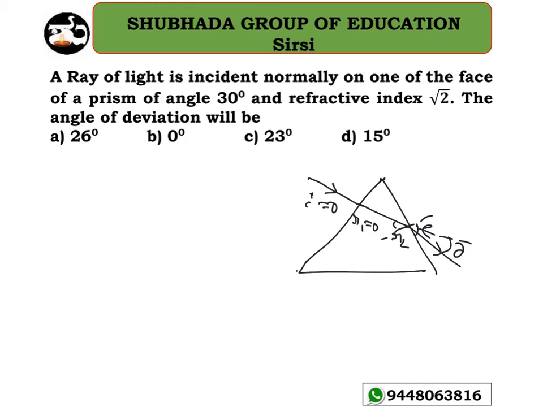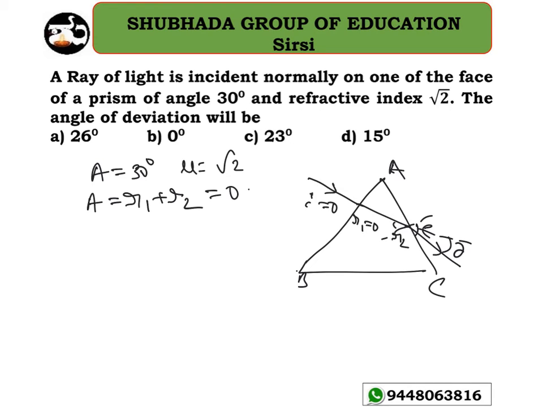The prism angle is 30 degree and mu is root 2. We know that A equals R1 plus R2, so 0 plus R2, which implies A equals R2 equals 30 degree.